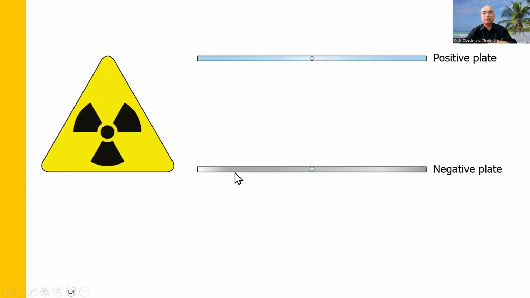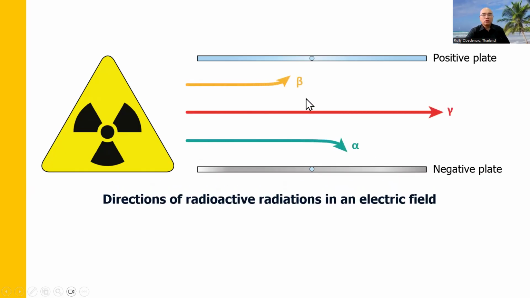Okay, now, what about this plate? There's a positive plate and a negative plate, all right? So you see the beta, the direction is going up right there, and the gamma is just straight, and the alpha goes down somewhere, to the negative.